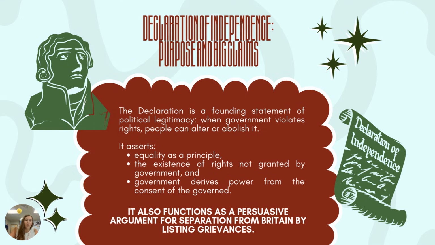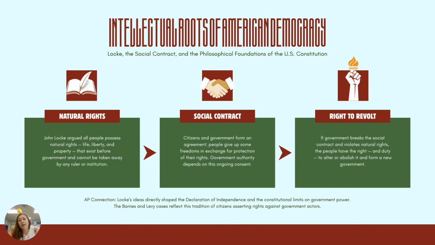And so in your notes sheet, you have sort of an organizer comparing the writings and philosophies of John Locke to the plain text of the Declaration of Independence. Many of these ideas of John Locke are repeated on this slide as well, but Jefferson talks about things like natural rights. He calls them life, liberty, and the pursuit of happiness. John Locke had defined those as life, liberty, and property.